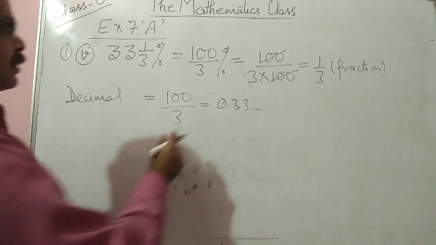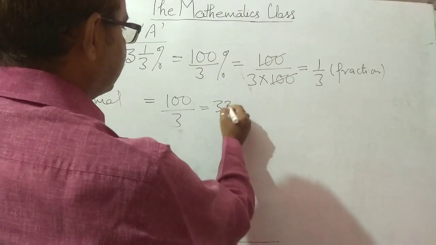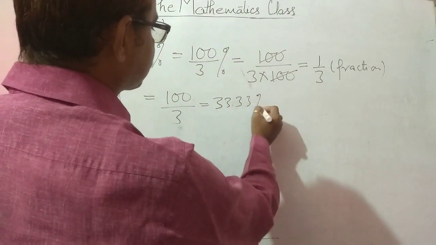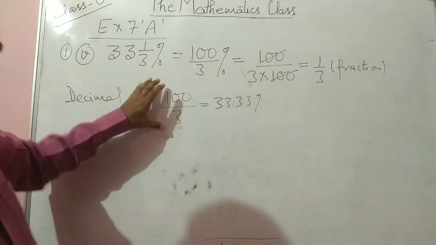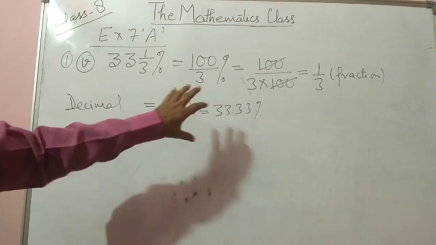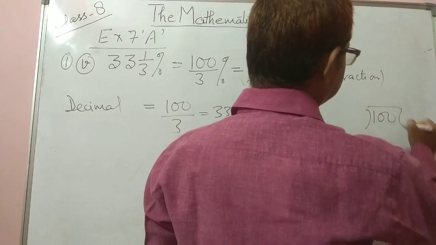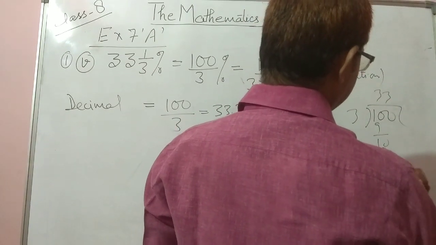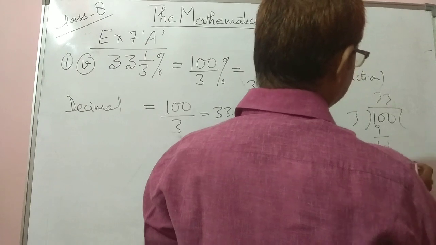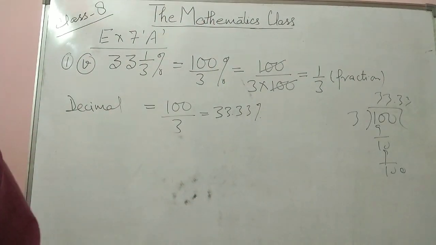When you divide, you will get 0.3333. If you have to write it in decimal, and if you have any doubt, you can simply divide. Let's say 100 divided by 3. So 3 3s are 9, 1 left, 10, 3 3s are 9, again 10, put a point, and so on. So it is 33.33%.